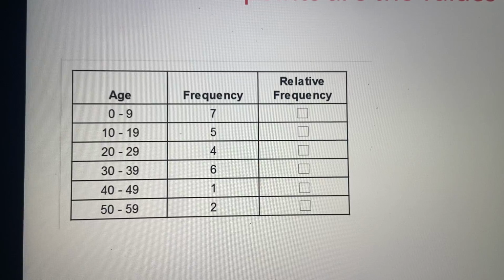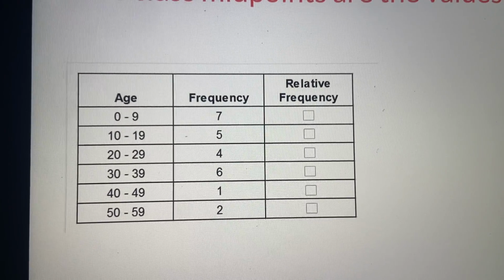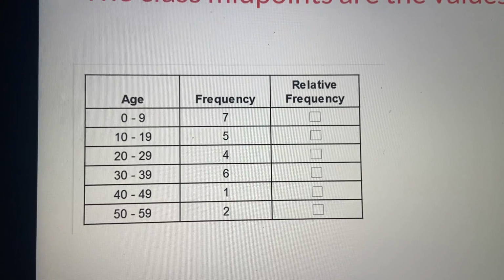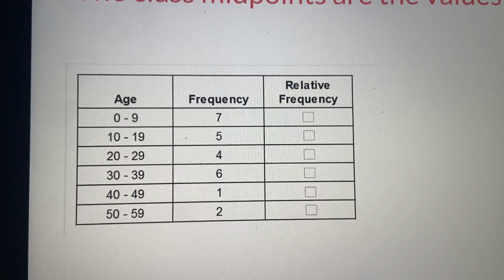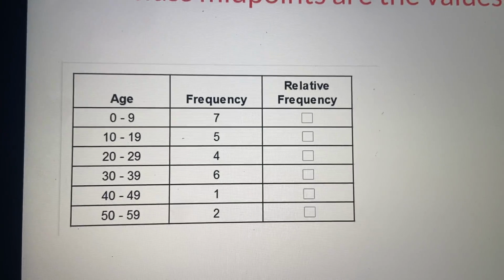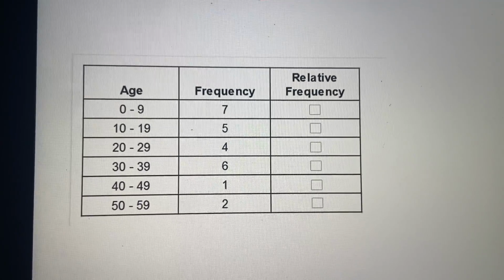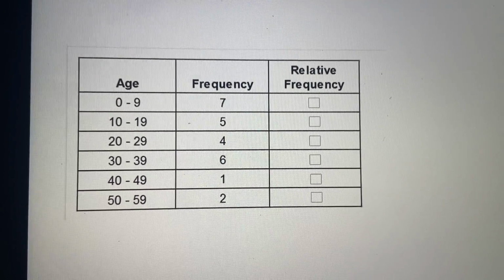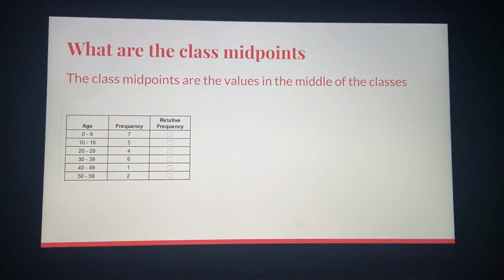For the next class, it would be 14.5, because 14.5 is the midpoint between 10 and 19. Again, you would complete that process for the third one, and that would be 24.5, again 34.5, again 44.5, and finally the last class midpoint would be 54.5.